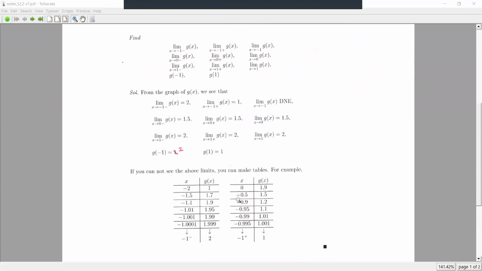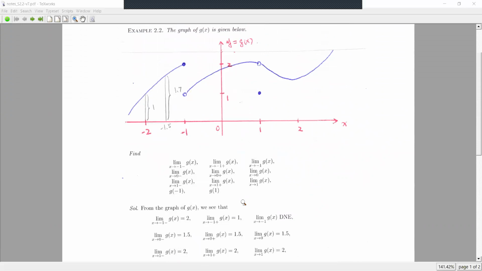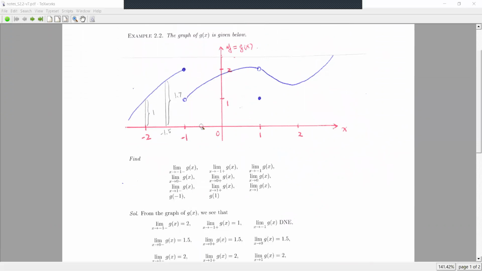Now, when x is -0.5, about here, then the function value at -0.5 is this height. My guess about this height is 1.5.